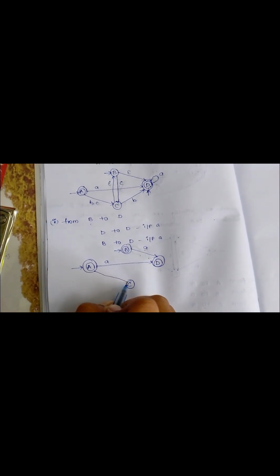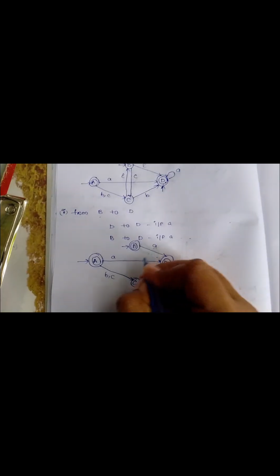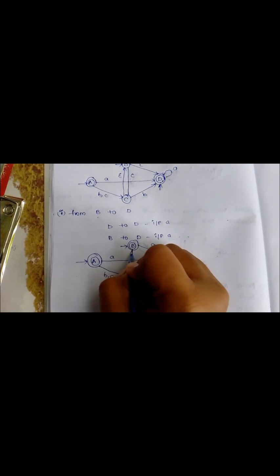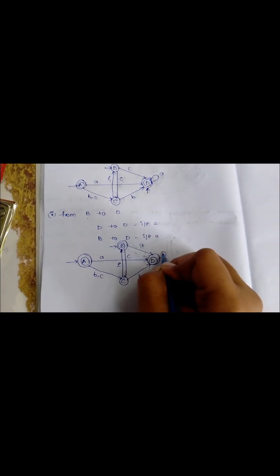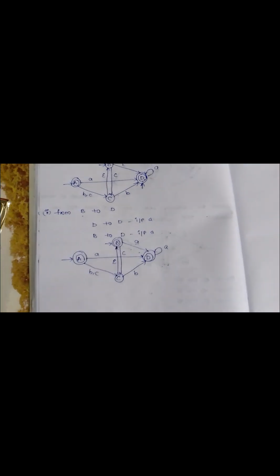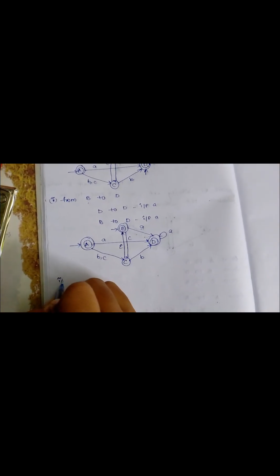So here A to D, B to D with input A, A to C with input B comma C. Next, C to B with input null, B to C with input C, C to D with input B, D to D with input A. Again there is one null transition, that is from C to B.